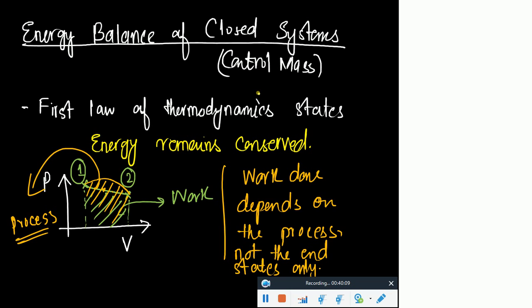Is it an adiabatic process or something else? It is something else. It is not universal. Exactly. There is some kind of heat interaction in this kind of process. Why? Because the work done is dependent on the path followed by the system. It does not depend only on the states.